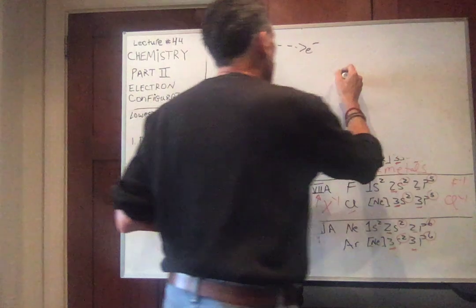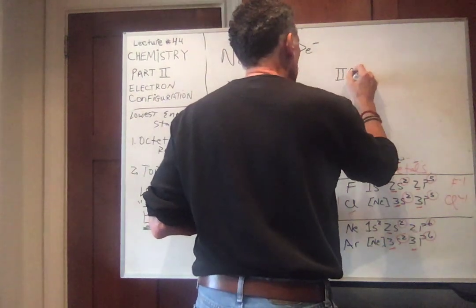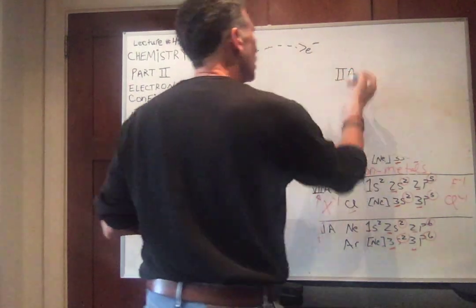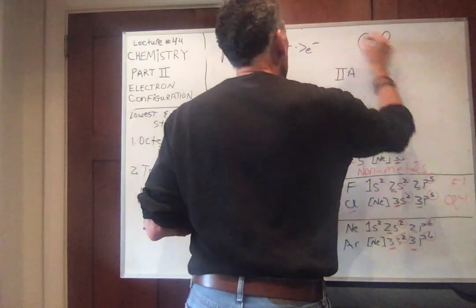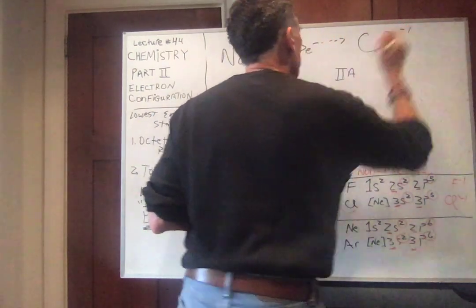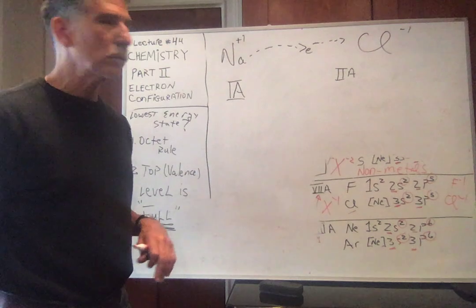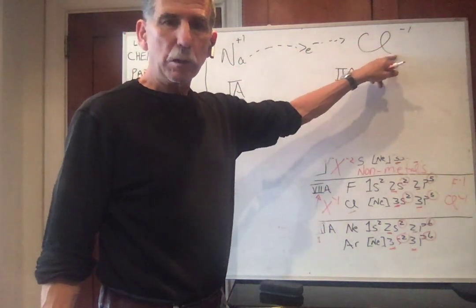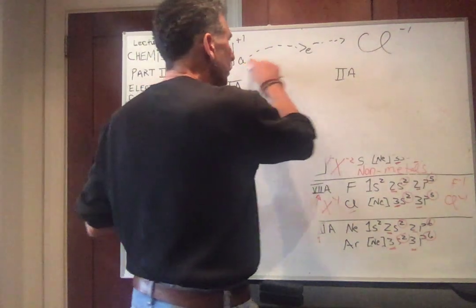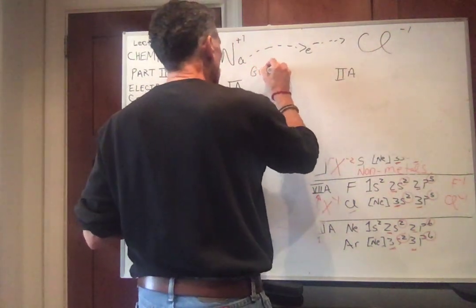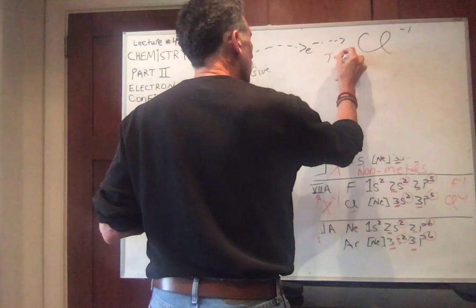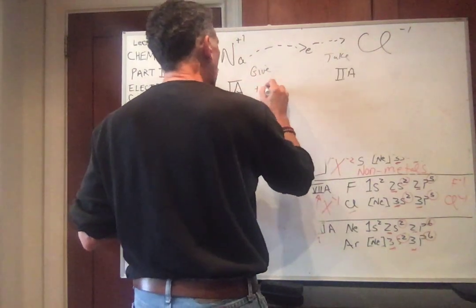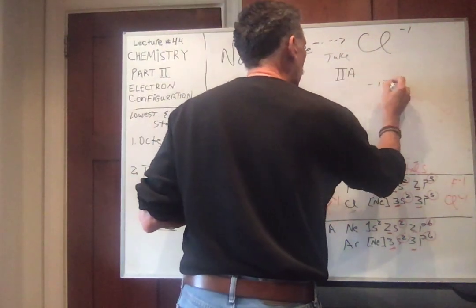Okay, let's look at group 7A. Right? What does 7A want to do? Like chlorine, they want to become a -1 ion. They want to add an electron. Sodium gives 1 electron. Chlorine needs 1 electron. Give, take. You have a plus ion. You have a minus ion.